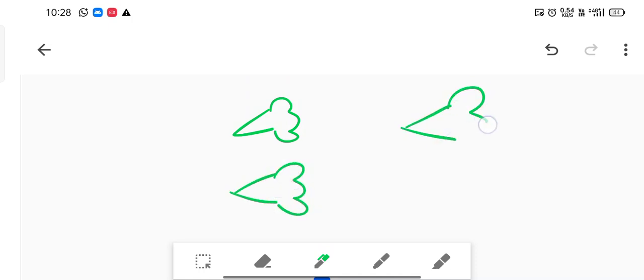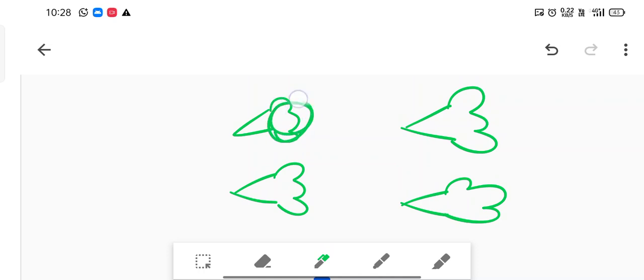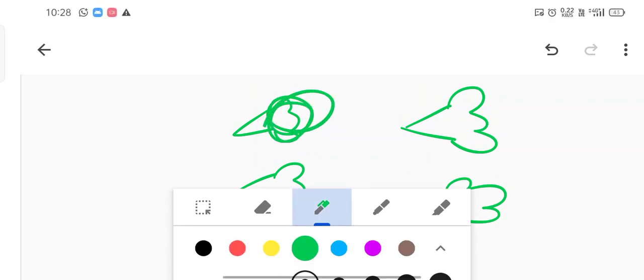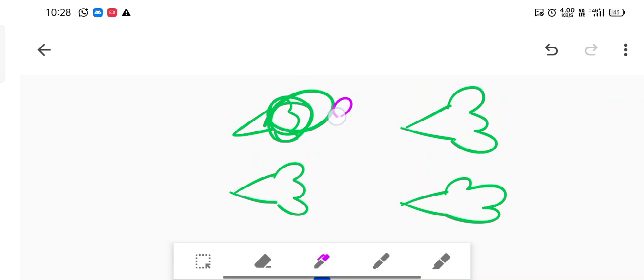These are all ice cream. Since this part has more ice cream, I have to write the bigger number here. When I write 8 here, this should be the largest one. So what should come here?